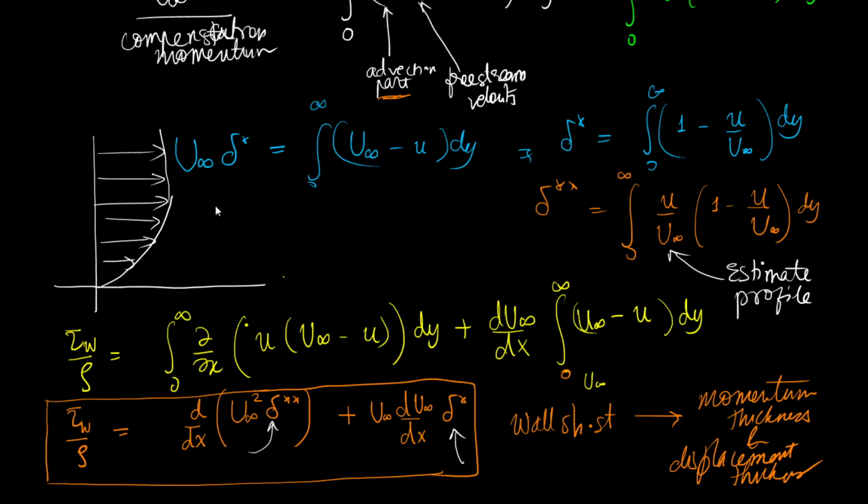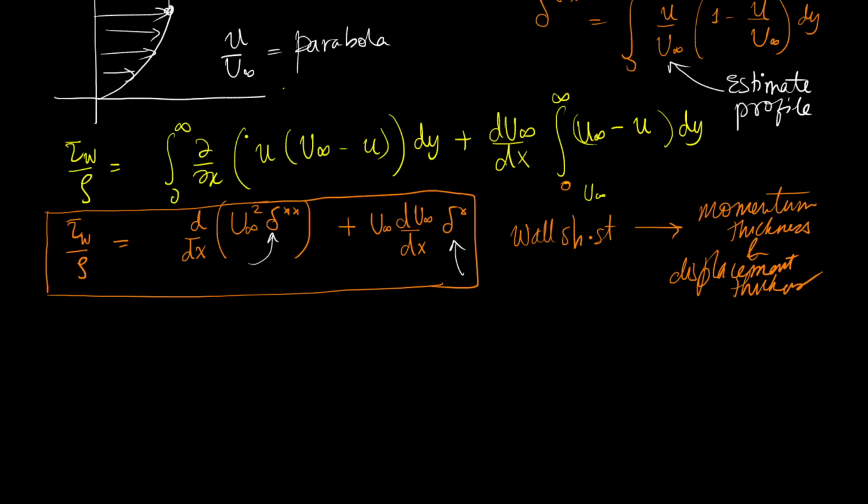So one such profile, something very simplified, u by u infinity can be a parabola, up until a certain point, and then 1 as we move away from the boundary layer thickness. But all this we'll see in the next class. But for now, let us quickly see one more small thing.